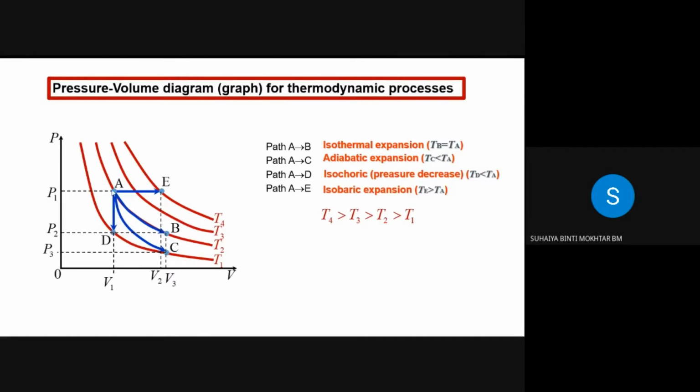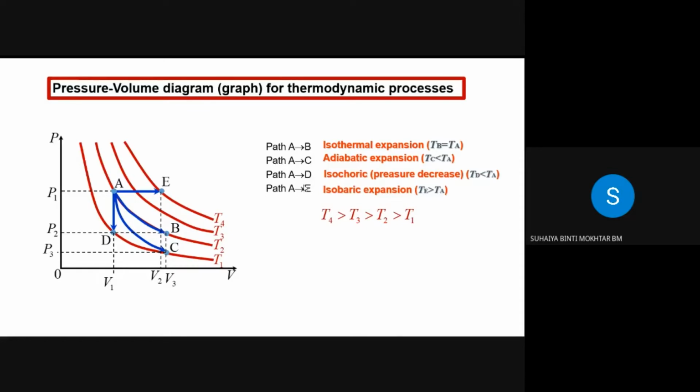Here pressure decreases. For isochoric, work done equals 0, and TA is greater than TD.